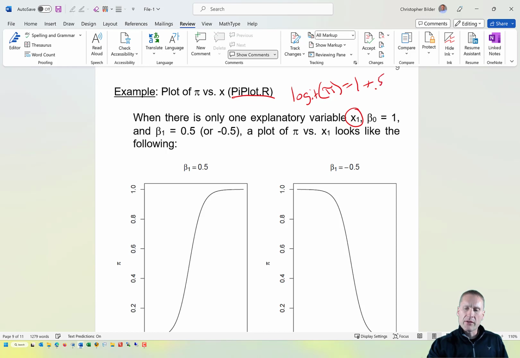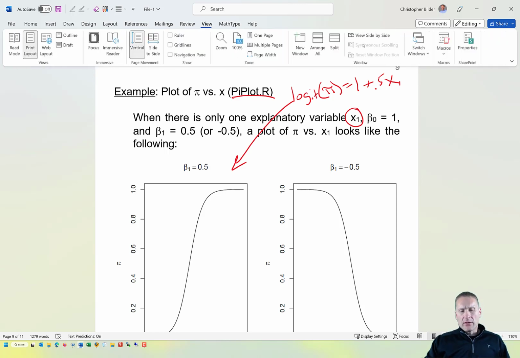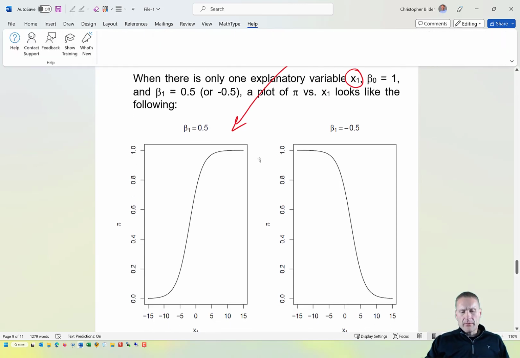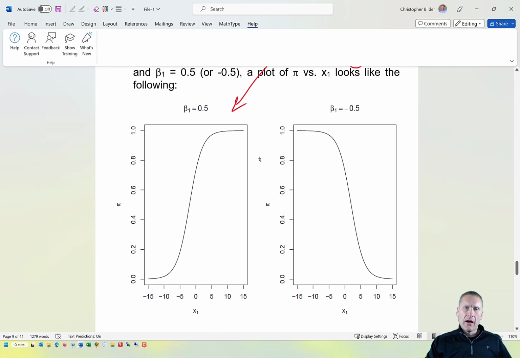The first plot is going to be 0.5 times x sub 1. Okay, that's what is being plotted. So let's take a look at this. We have pi on the y-axis, x sub 1 on the x-axis, and this is for beta 1 equal to 0.5.